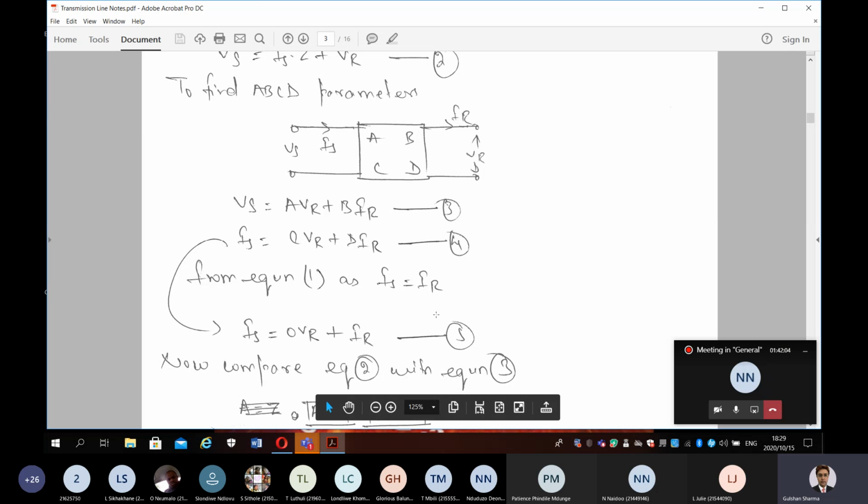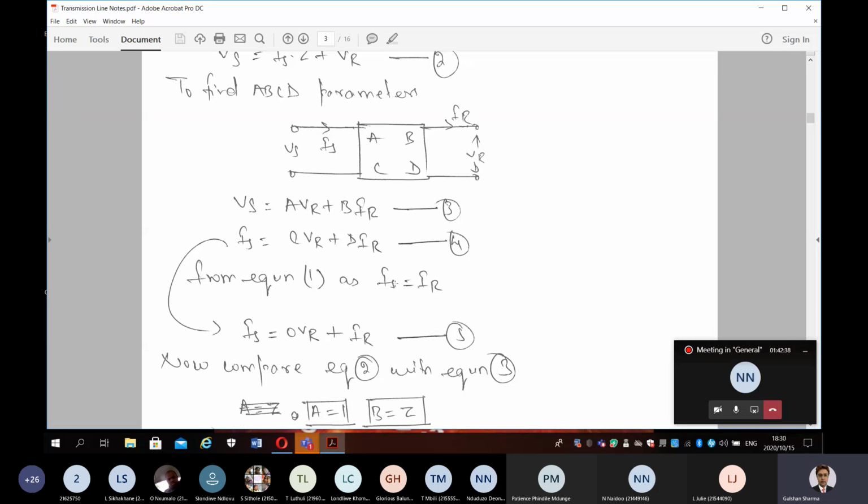Because there is no VR term, I can write Is equals 0 into VR plus IR. I repeat again, from condition 1 or equation 1, Is equals IR. I can write this equation in such a way that Is equals 0 VR plus IR. 0 means this term will be 0, so then your equation will be Is equals IR.